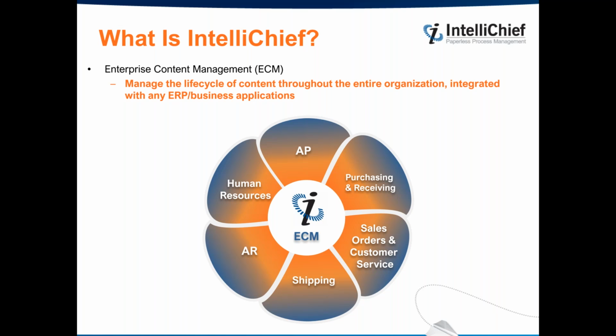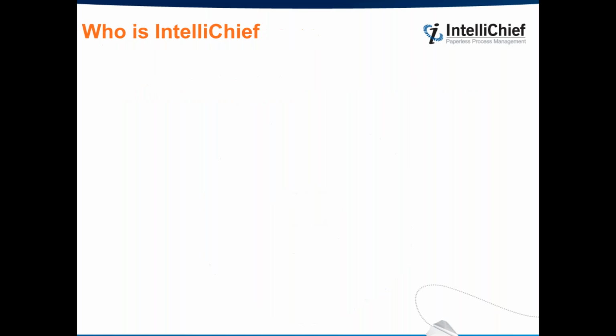We're talking a lot about AP, but a lot of folks will start there and typically transition into the same concepts. Instead of reading invoices and creating a voucher, we read customer purchase orders, for example, and create a sales order. Or on the human resources side, potentially automating the onboarding process, or other processes. So that's what an ECM is, and it can be used in a lot of different areas within the organization.